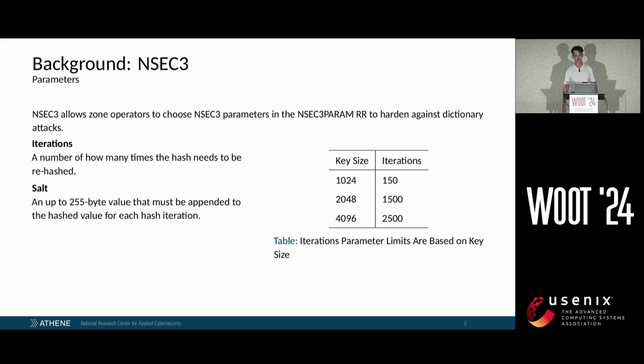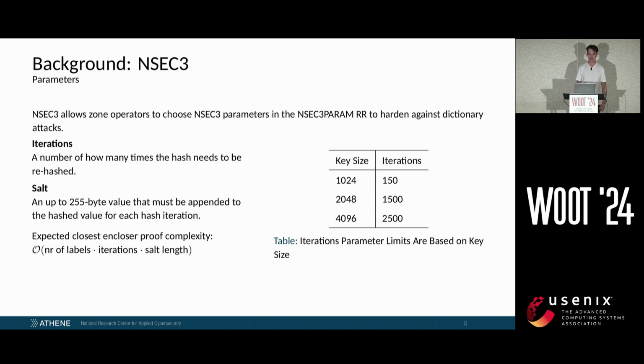This is supposedly making any dictionary attacks harder, but it also leads to the fact that the expected closest encloser proof complexity is in the order of the number of labels of a domain name times the number of iterations that you have to compute, and also the length of the salt. The limits that have been defined are actually up to 2,500 iterations in the original NSEC3 RFC draft.